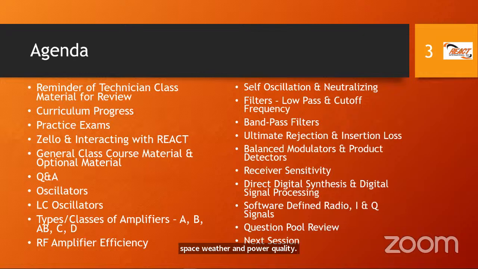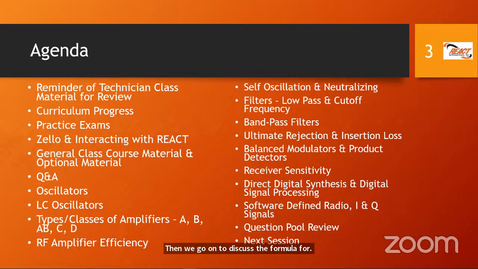So the agenda for this evening, we have a Q&A, and then we get into the technical topics for this evening. Oscillators, we'll discuss what LC oscillators are. Then we'll talk about the different classes of amplifiers, class A, class B, class AB, class C, and class D. Then we go on to discuss the formula for calculating RF amplifier efficiency.